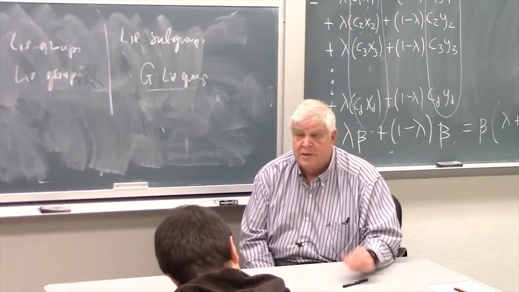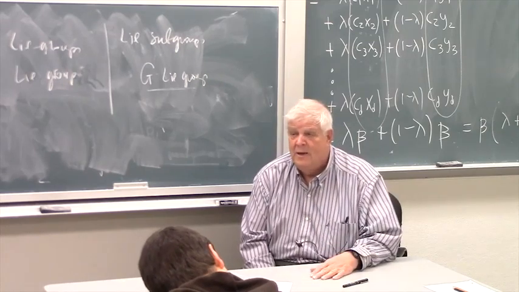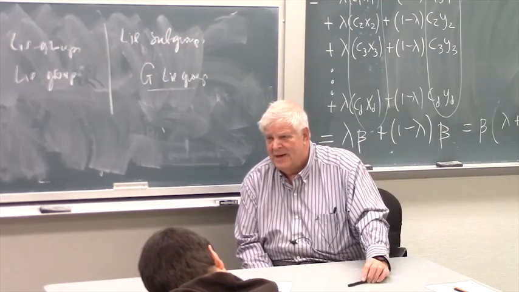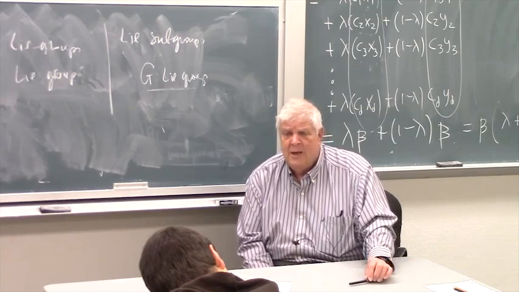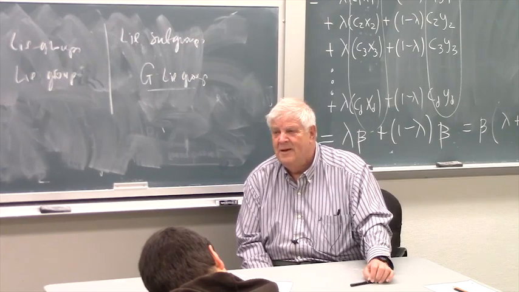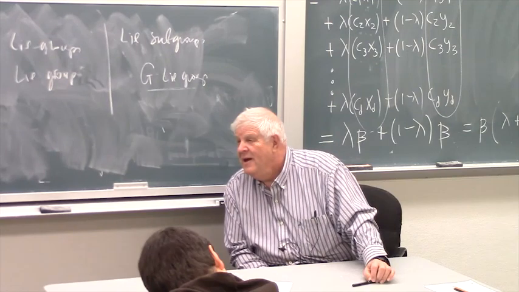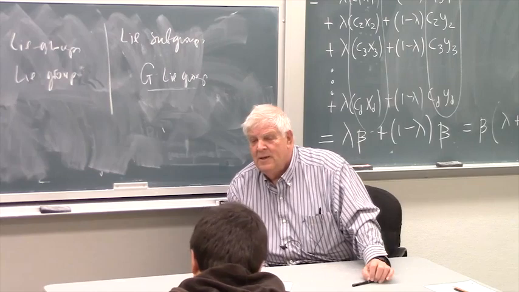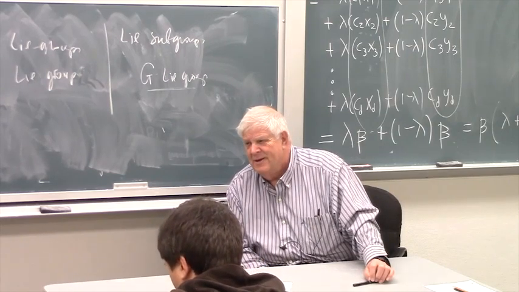So subgroups. There are some subgroups which you can immediately detect. For example, suppose that you have the group O(n), well, SO(n), because I prefer this kind of group. Can you name some subgroups of it? Are you sure that the product of two symmetric matrices is symmetric?